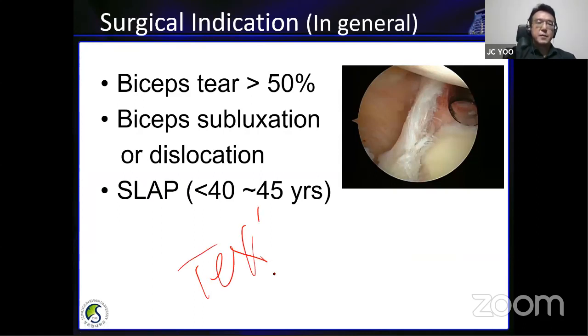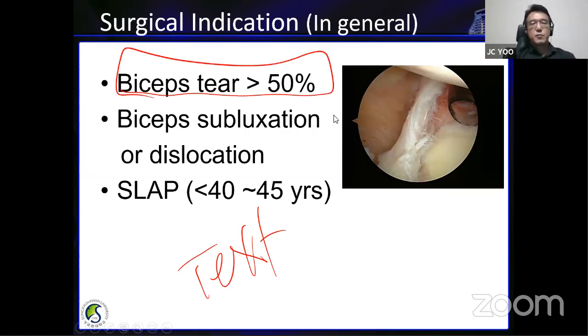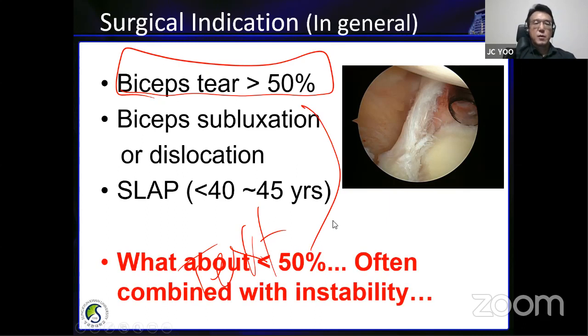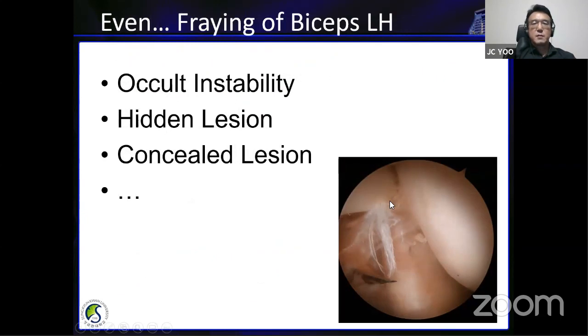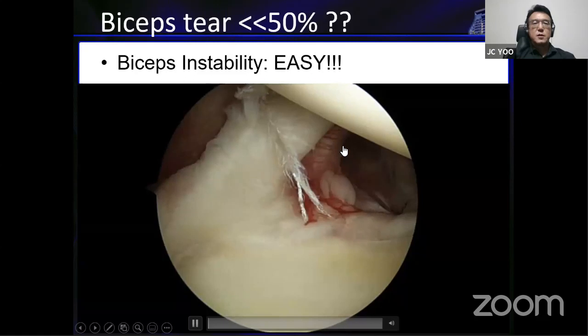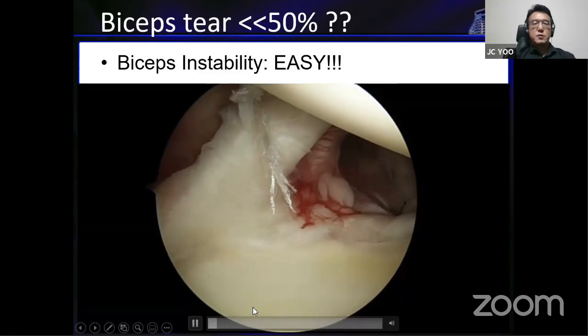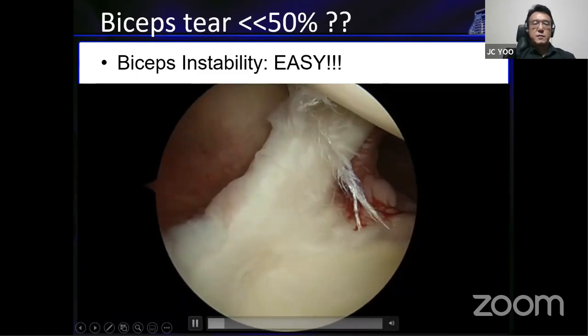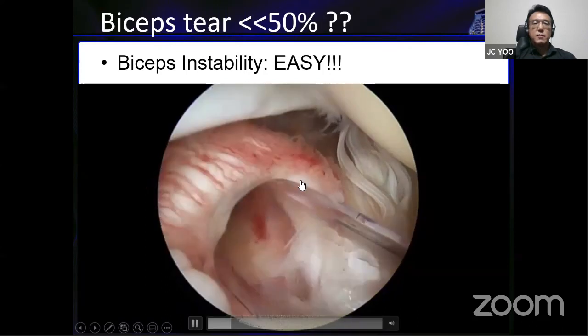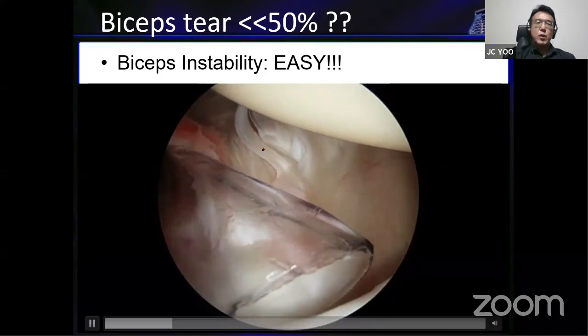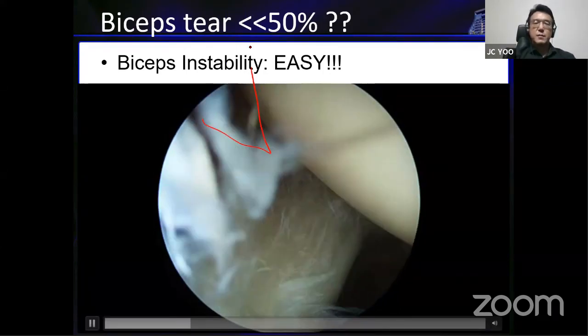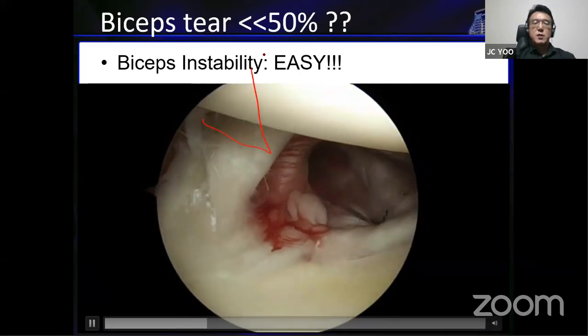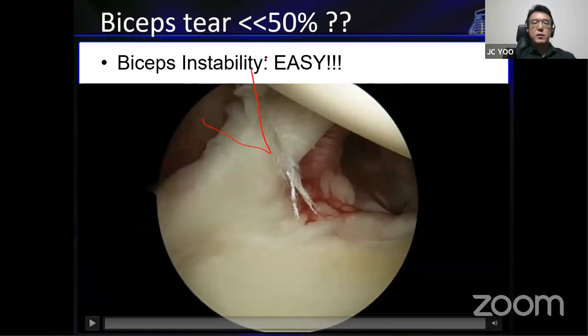Our textbooks say that a biceps tear is significant if it's greater than 50%. But what about less than 50%, a small tear like this? You can see in this patient that the biceps is subluxated right there, way inside the biceps subscap. That's subluxation, which is easy to diagnose.